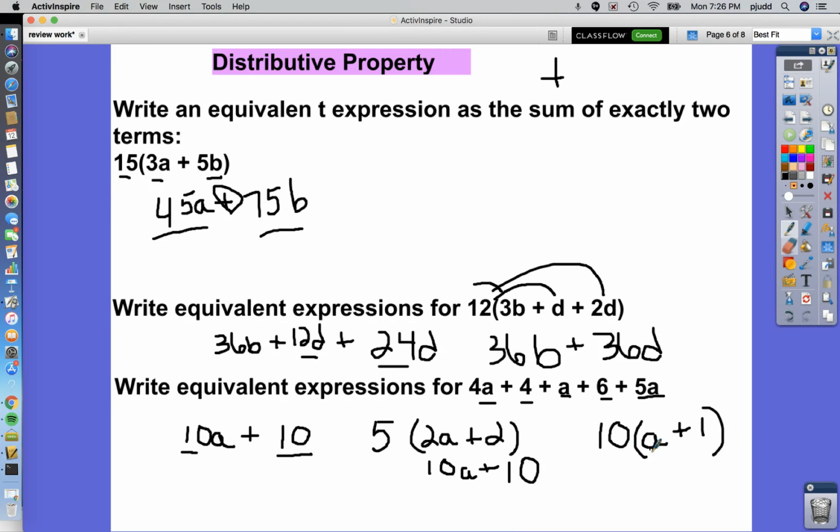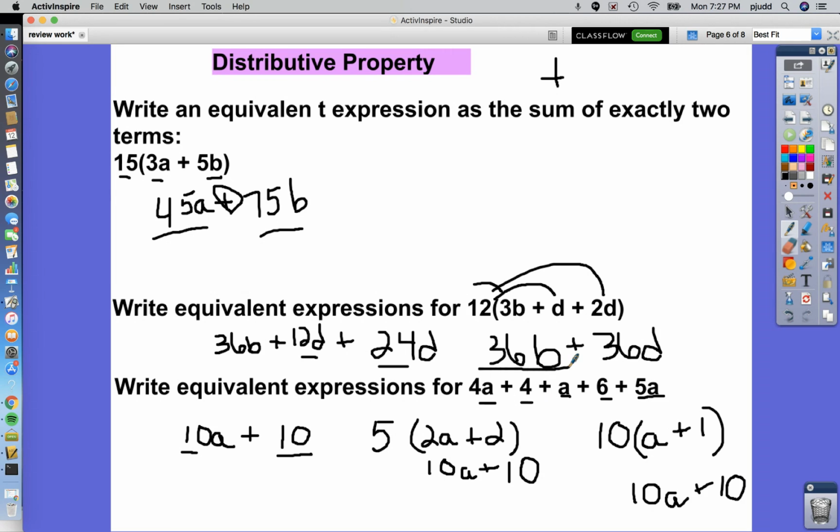And again, 10 times A is 10A plus 10 times 1 is 10. And if I take this 10A, I can break it up into 4A plus A plus 5A. And if I take the 10, I can break it up into 4 plus 6.